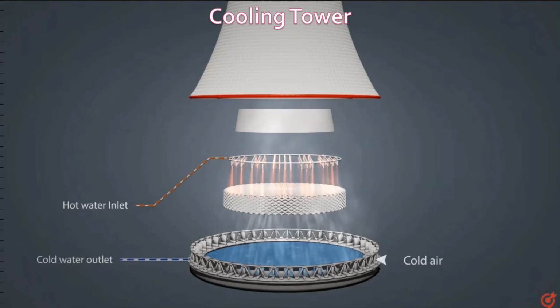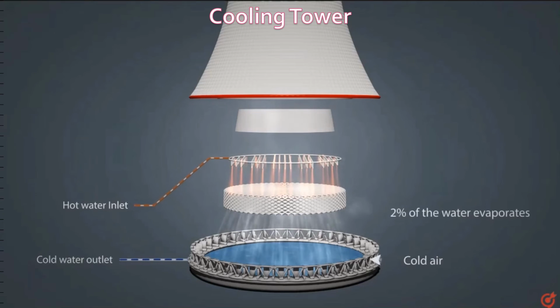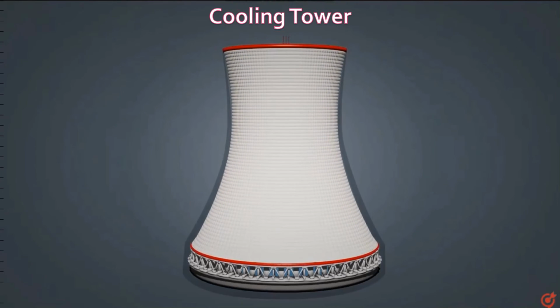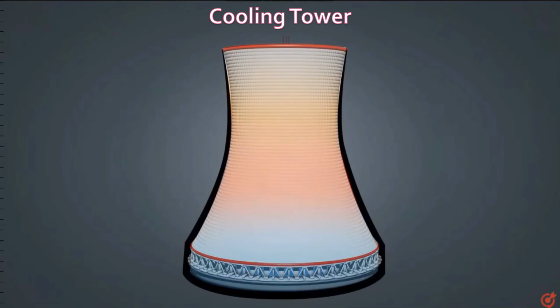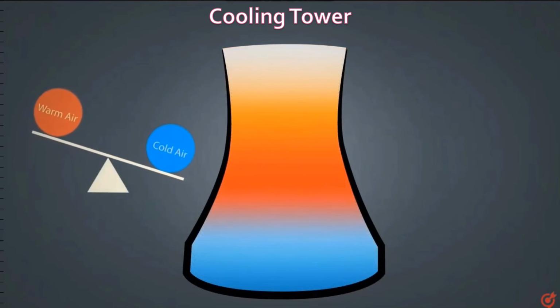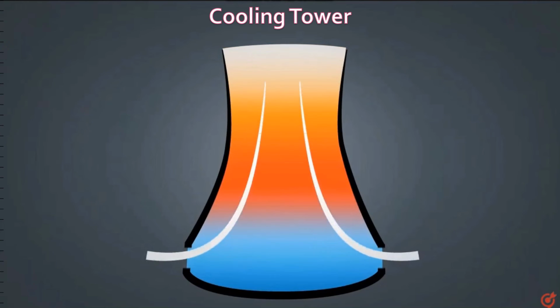So how can there be cold air inside the building? We know that hot air is less dense than cold air. So the hot air will float to the top, and the cold air will remain at the bottom.